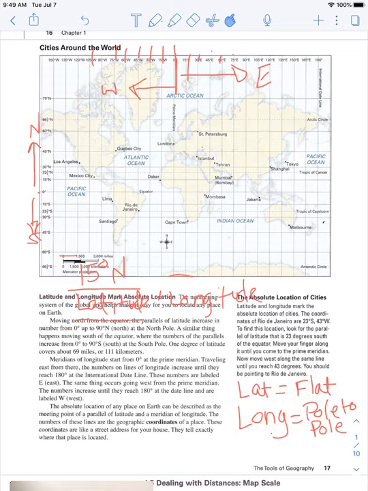Now I want to start looking for my longitude. For my longitude, I'm going to measure how far Dakar is away from the prime meridian. And what I want you to notice is it's not directly on this longitude line. It's a little bit away from it.